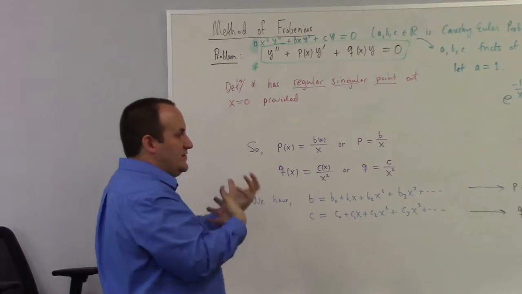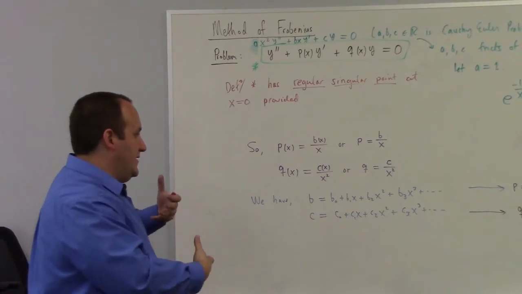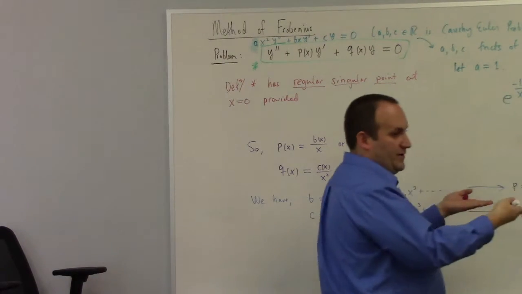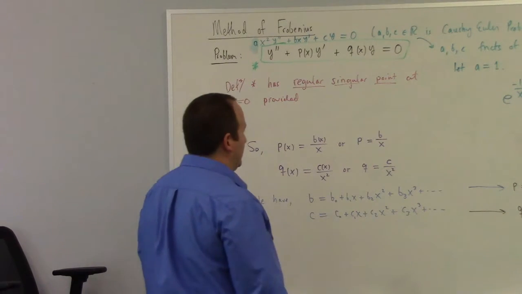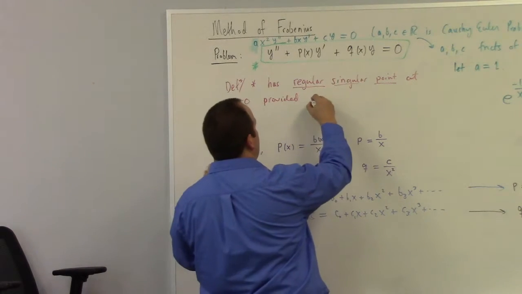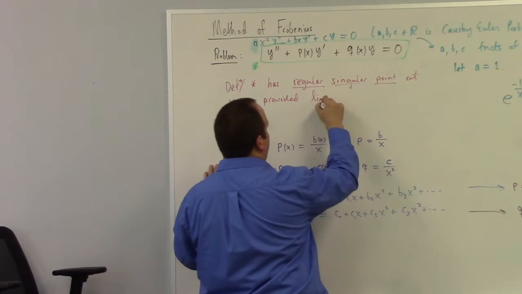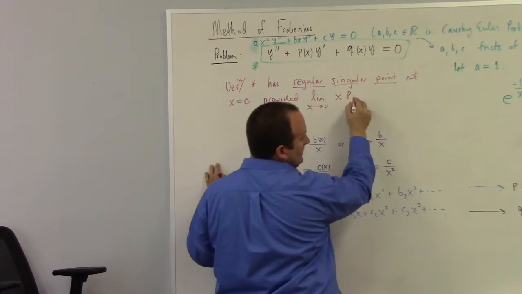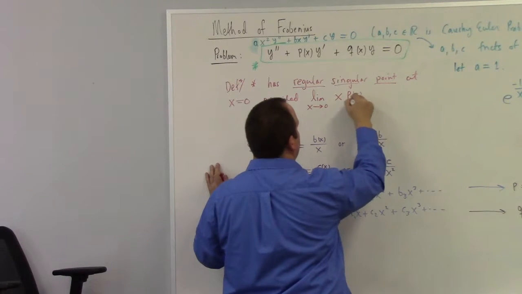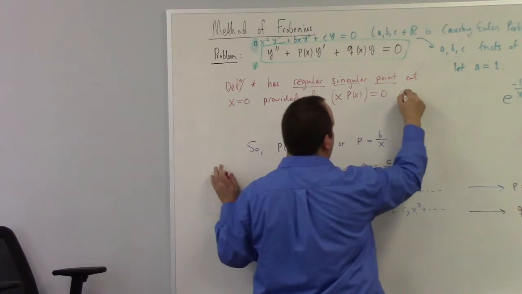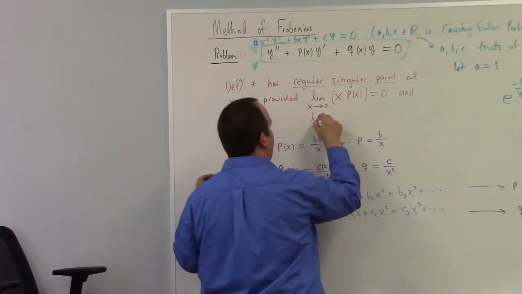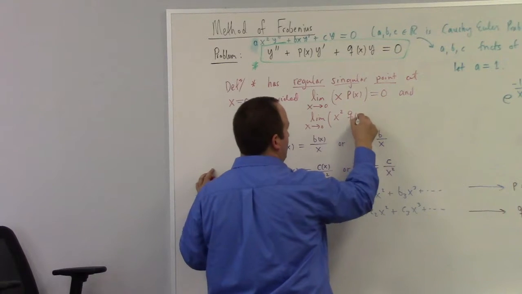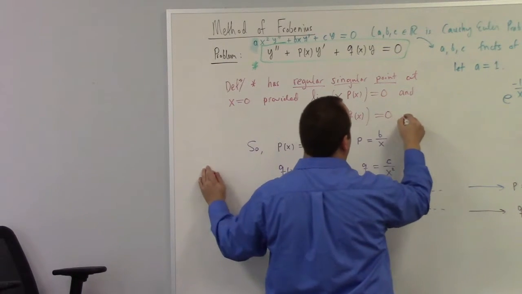So we need some conditions. Can you guys think of a formula that captures p having this form, without writing all that? There's a simple way to do that, provided the limit as x goes to 0 of x times p of x is equal to 0, and the limit as x goes to 0 of x squared times q of x is equal to 0.